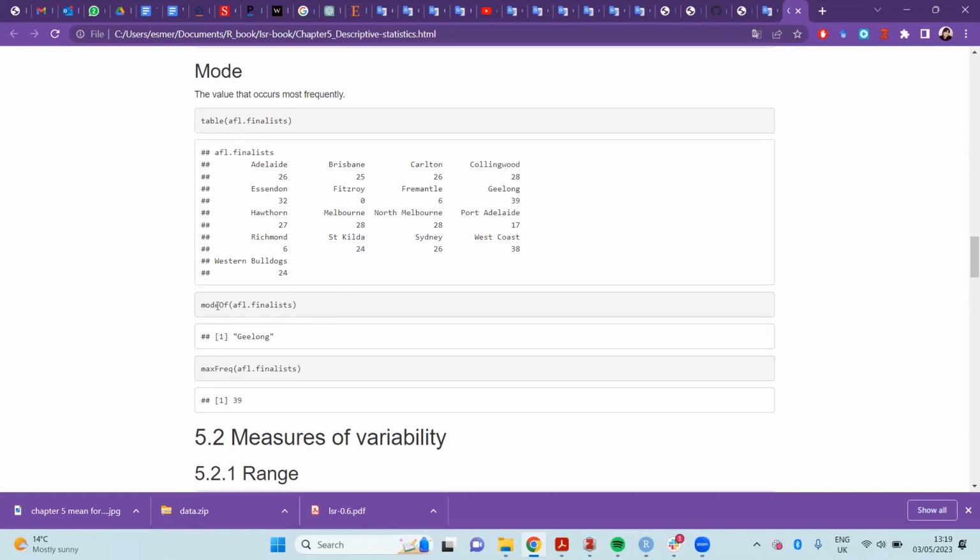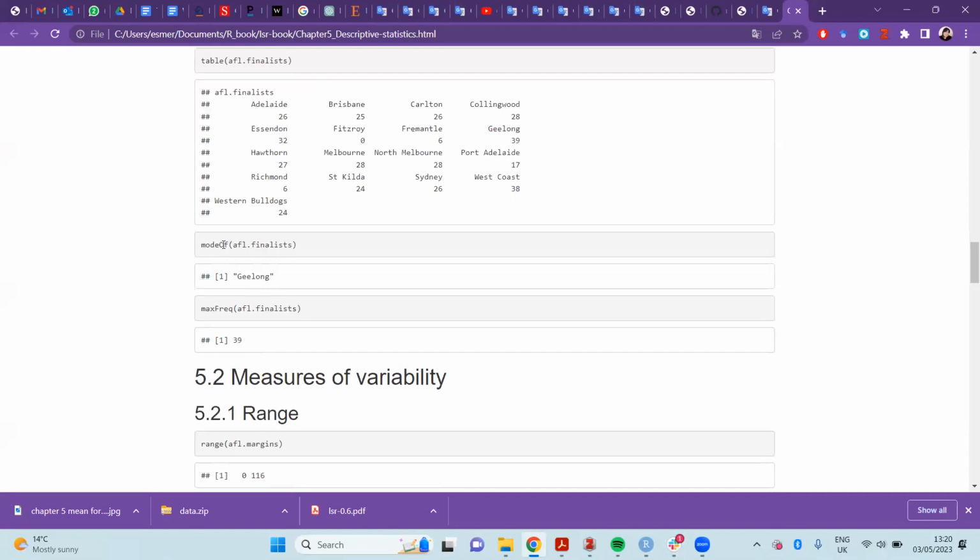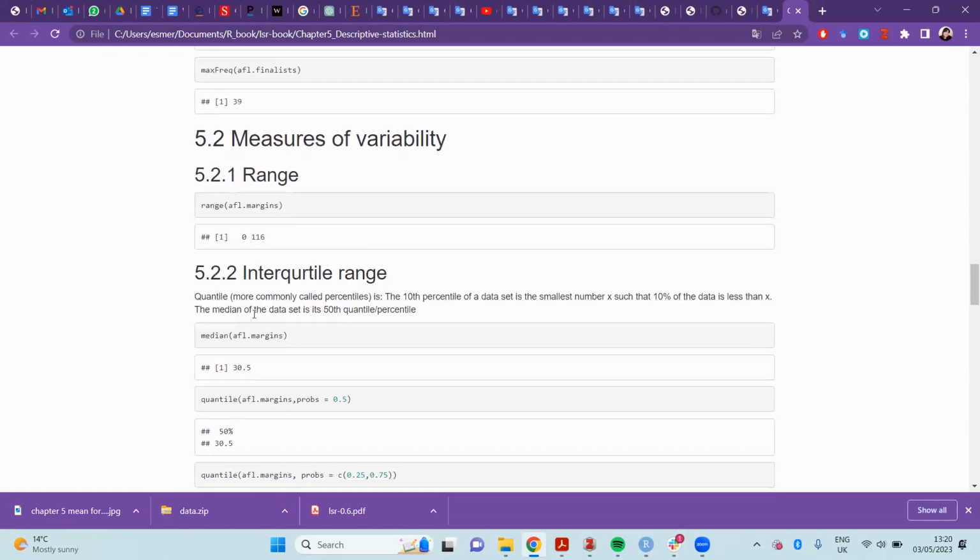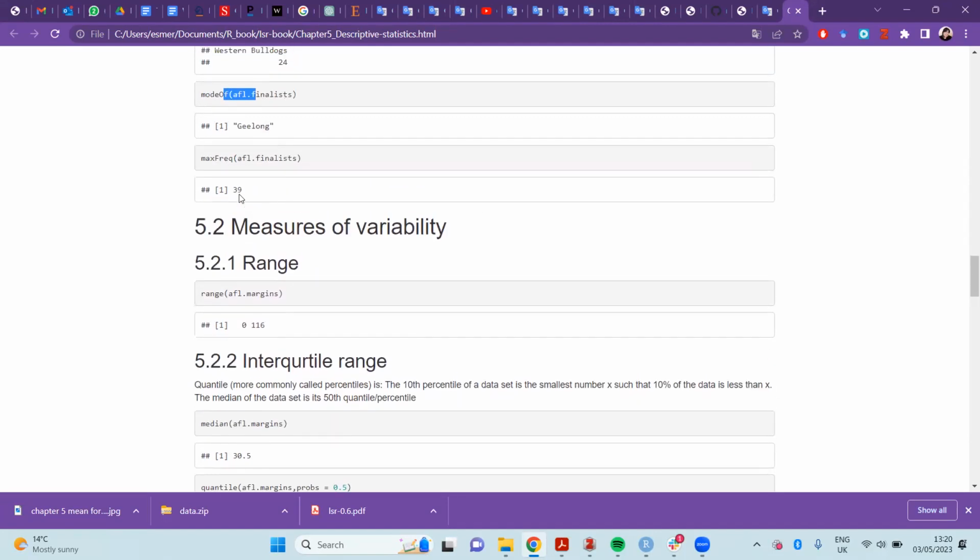Base R doesn't have a function for calculating the mode, but this ISR package contains this function, which is modeof, for calculating the mode, and maxfreq for obtaining the frequency. Yeah, this is for expressing the central tendency of the dataset.